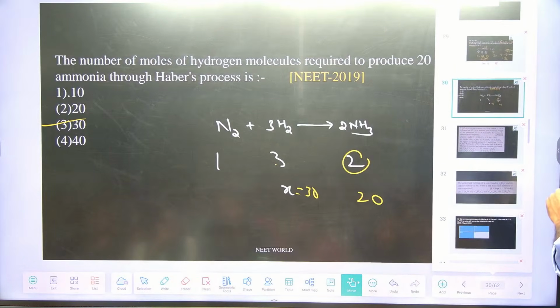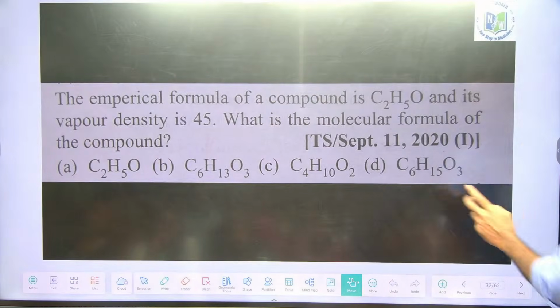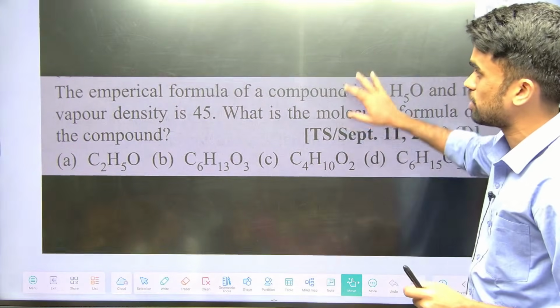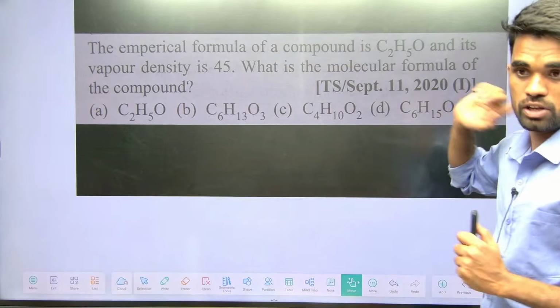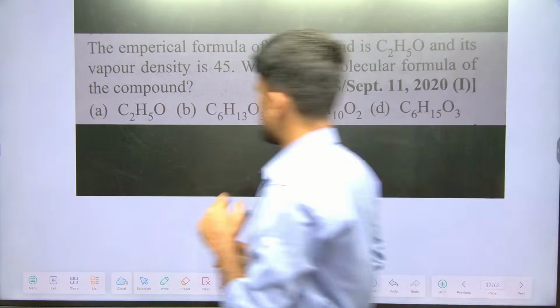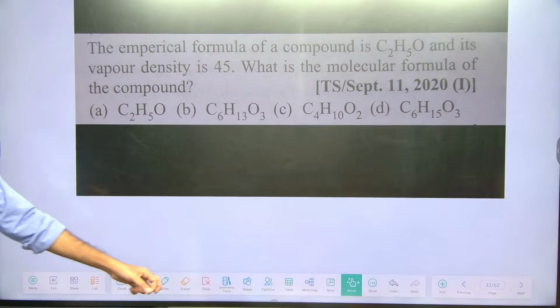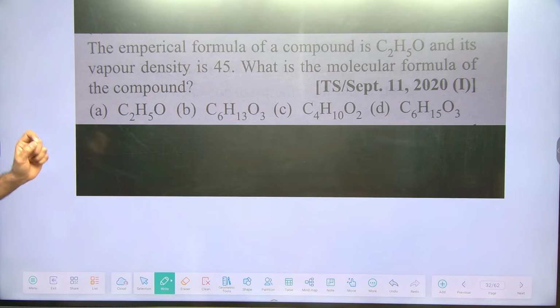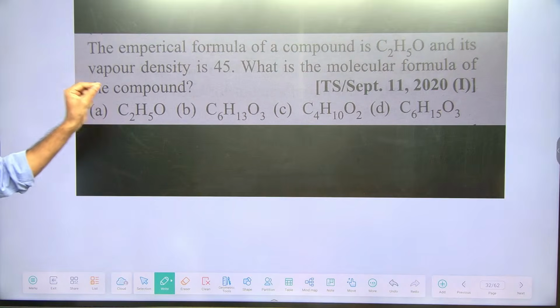Okay. So now I have given you one question previously. I mean, I gave some small explanation about empirical formula and molecular formula at the beginning. Now read this question. The empirical formula of a compound is C2H5O and its vapor density is 45. See, now I will tell you one formula.